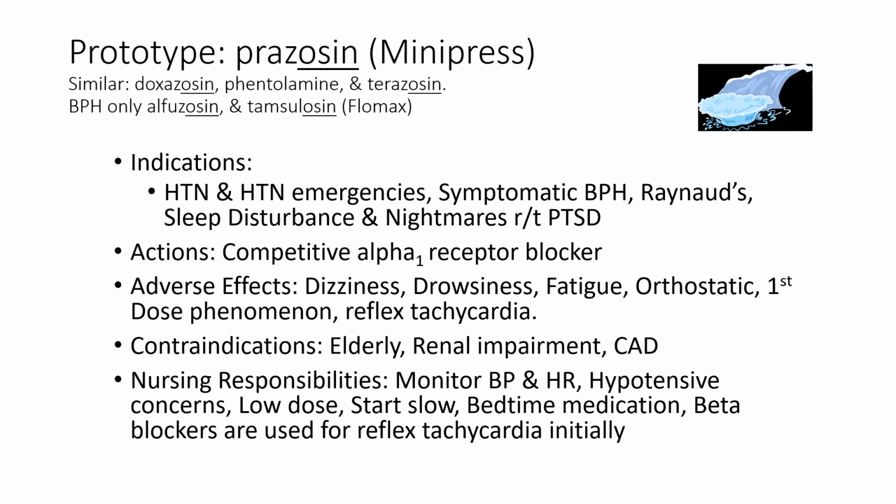But if we use a beta-1 blocker, then we'll stop the heart from speeding up. So we're addressing two causes of the hypertension, and we might be able to control it better.